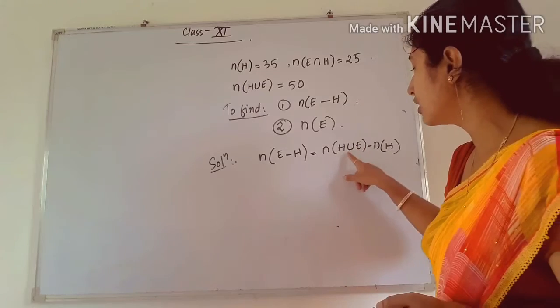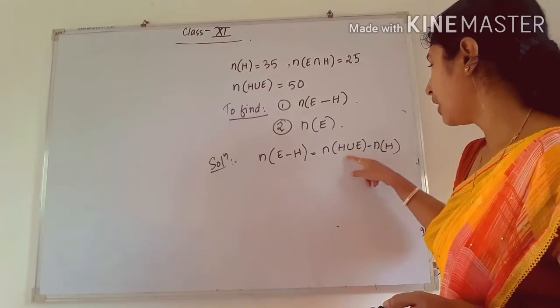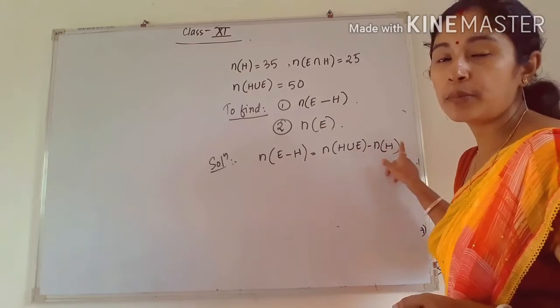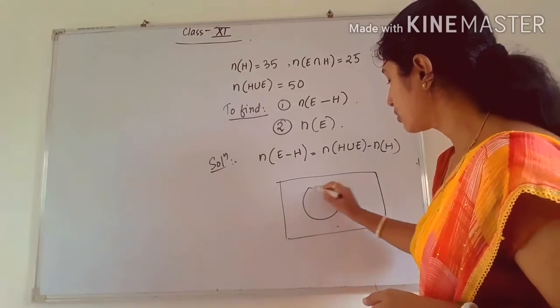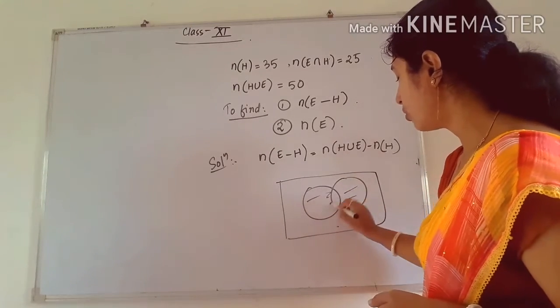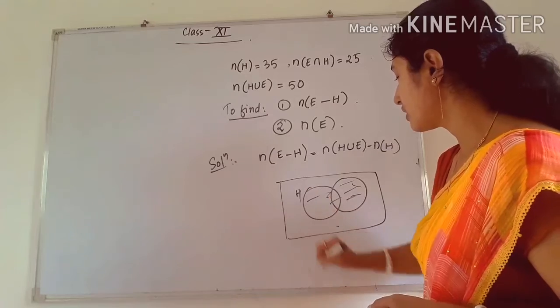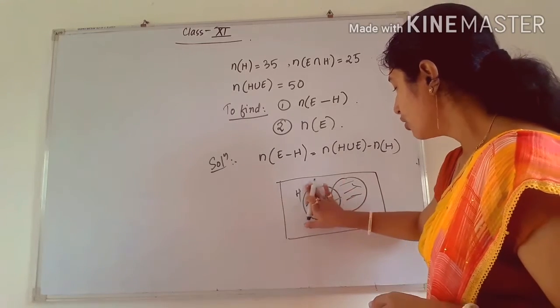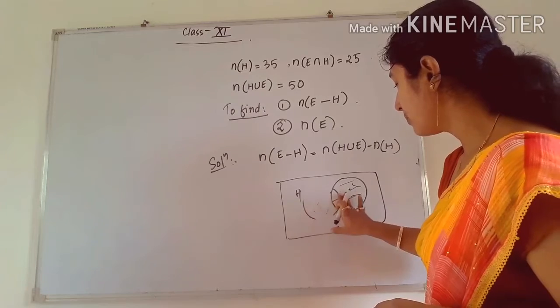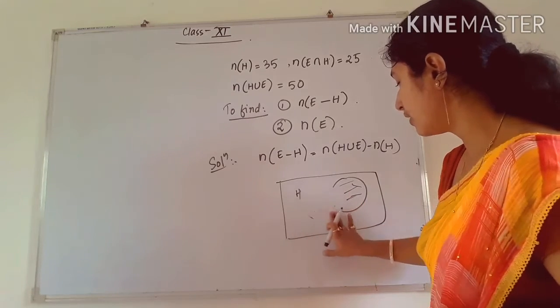If you take the union of these 2 sets and subtract H from this, it is very simple. This whole is H union E, and suppose this is H and you are subtracting H, so which part will remain? Yes, this part will remain.